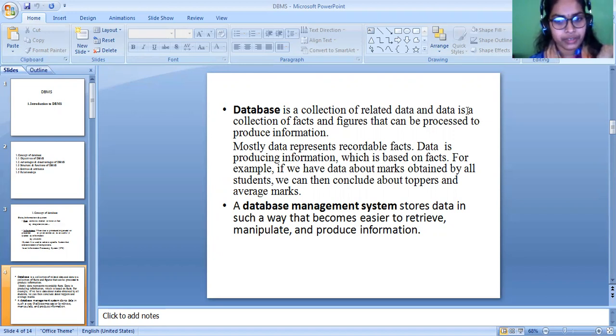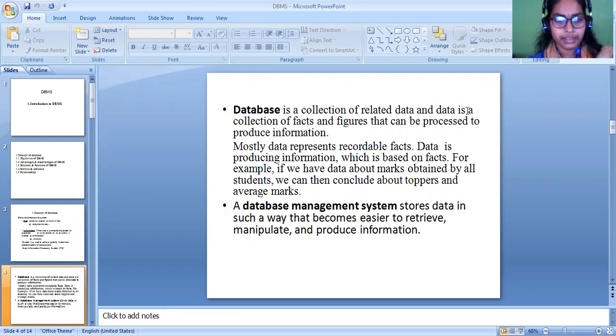A database management system stores data in such a way that it becomes easier to retrieve and manipulate data and produce information. For example, a college database. In a college database, there are a number of things present: faculties working, teachers, classes, and courses. In each course or class there are a number of students.